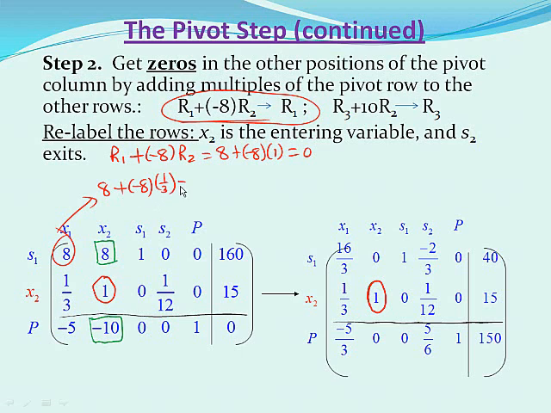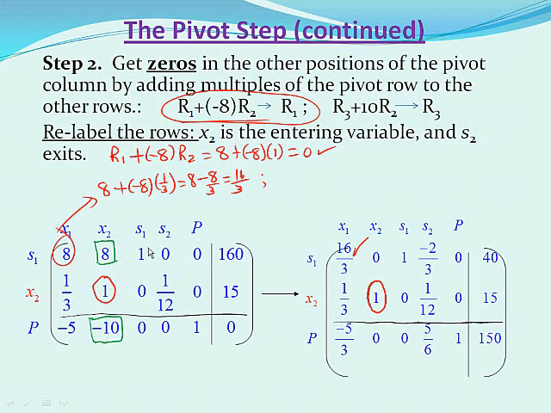When we do that calculation, this will be 8 minus 8 over 3, which is 16 over 3. So that is this entry 16 over 3 there. Then we have 8 becoming 0 through this operation: 8 plus negative 8 times 1 equal to 0, which is already done here.